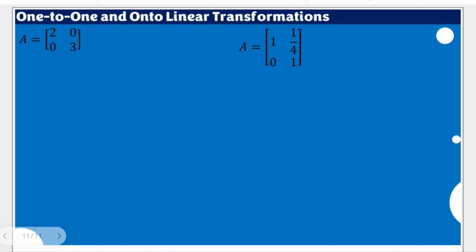The transformation is one-to-one if we could show that the kernel of T contains the zero vector alone. If we could show that, then definitely we can say that the linear transformation defined by these two matrices is a one-to-one linear transformation.